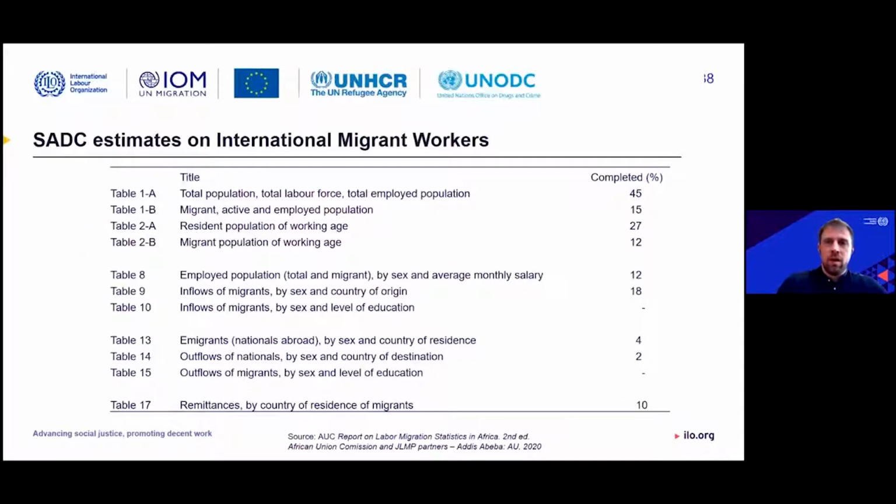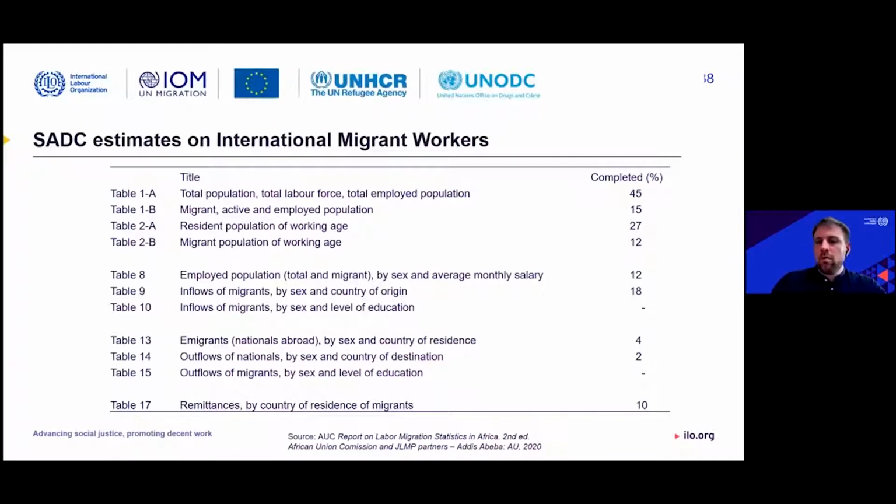And just to emphasize that point a little bit further, I wanted to show you just a few of the tables that we have information on. This is of all of the Southern African and Indian Ocean countries. Within the database, the tables, as you can see on the total population, total labor force, total employed population, are about 45% completed.